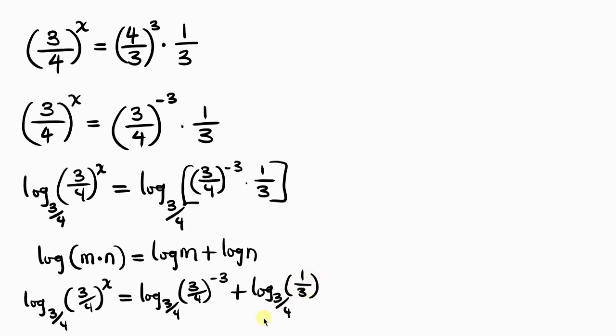Very good. Now our next step will be for us to also apply the law of logarithm once again, that says when I have log a to the n, this is the same as n log a. So we apply that here.